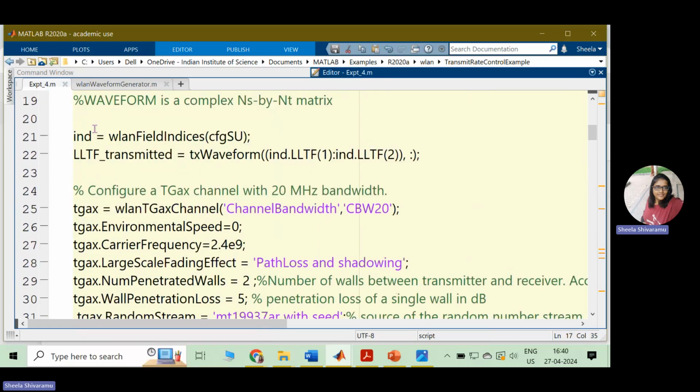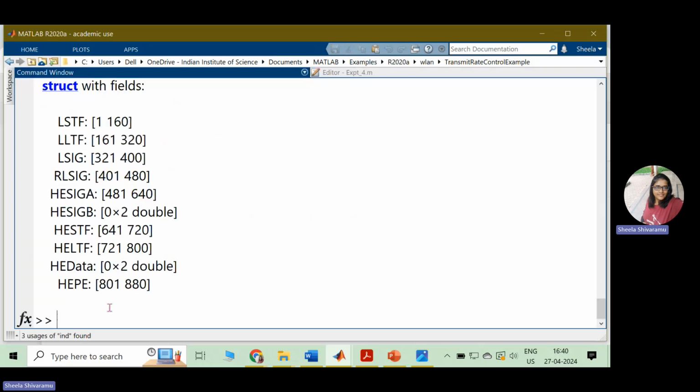I've already executed this program, so let me paste this in the command window so that it is clearly visible. LSTF, LLTF, LSIG, these are the legacy part of the preamble. Because I have not given any data, HE data is 0. The packet extension is also there.